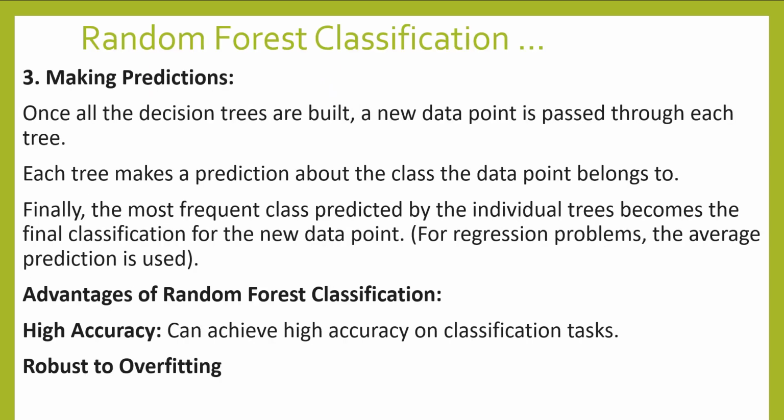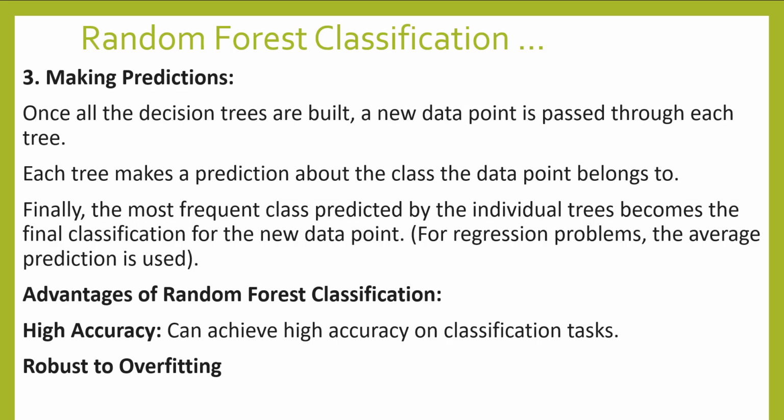Advantages of random forest classification. Let's talk about the pros of random forest classification. High accuracy. It can achieve impressive accuracy on classification tasks. Then robust to overfitting. Random forests are great at handling overfitting.